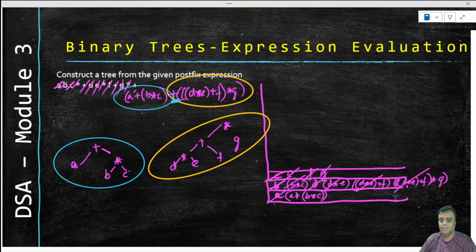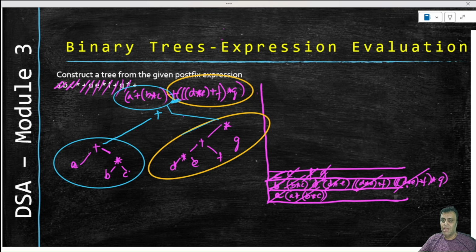So we will do a plus operator here, and then we will integrate these two. That creates my tree. So this is my whole tree. Right, so this is how we will actually convert a given postfix expression. So if it is postfix only, you can do it in this manner, because postfix can be easily solved from the stack. So the solvability of postfix is much higher, and we will do it in this manner.